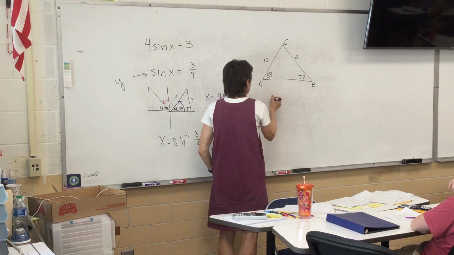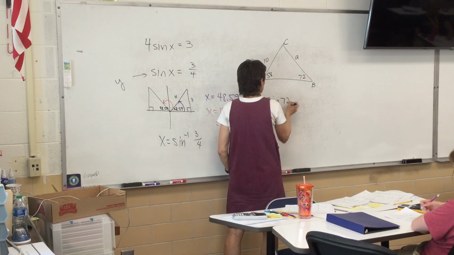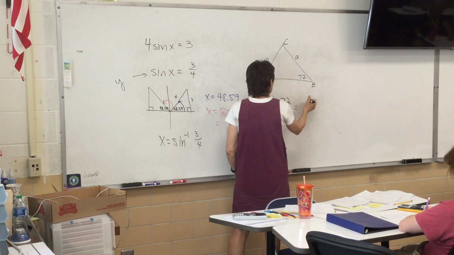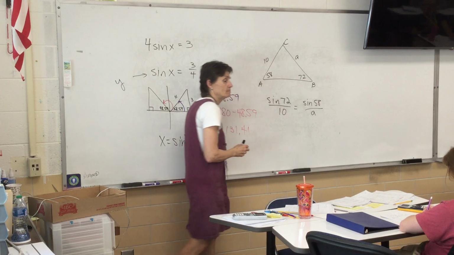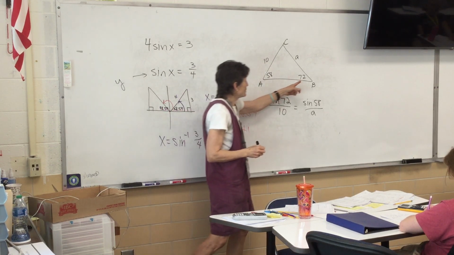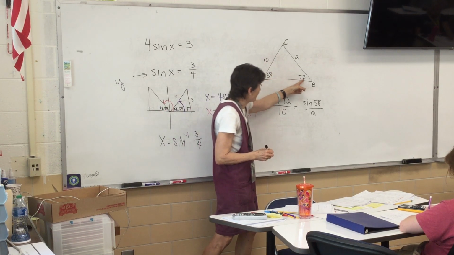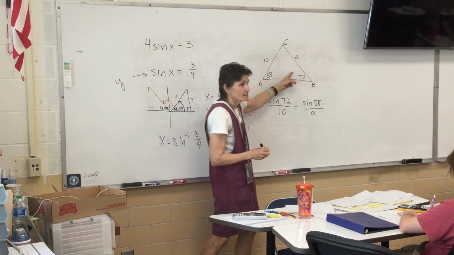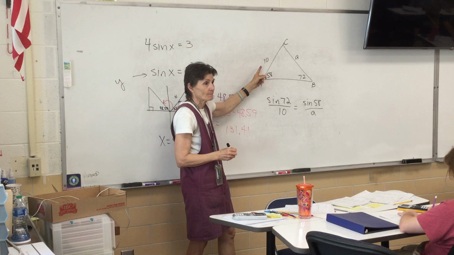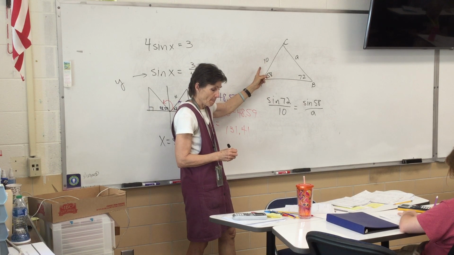So I will say sine 72 over 10 equals sine 58 over A. Remember, when you have this kind of information right here, look where I'm pointing, that's a law of sines situation. Right?